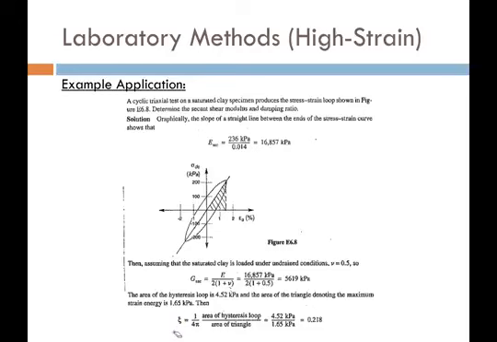Of course, the damping ratio is going to change with each cycle as the soil degrades and gets more and more damaged. So go ahead and pause the presentation and take the time you need to look through this example and understand what's going on. Okay.